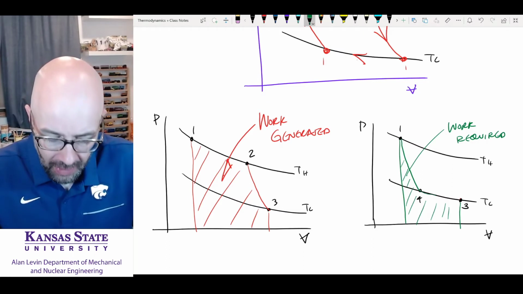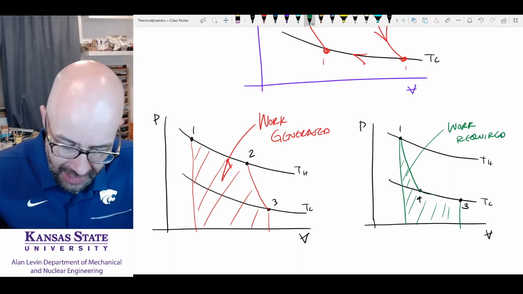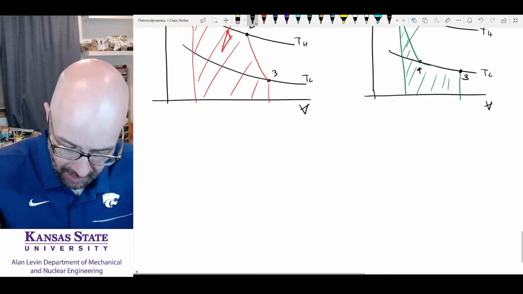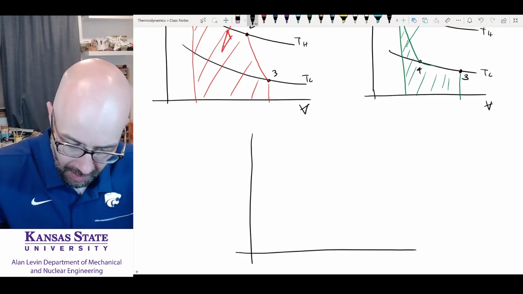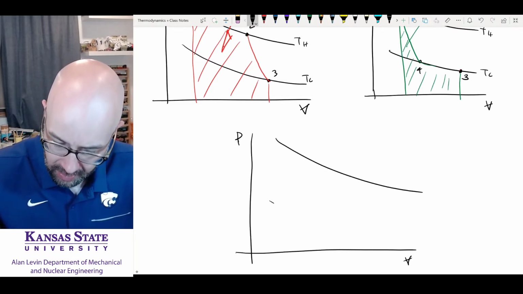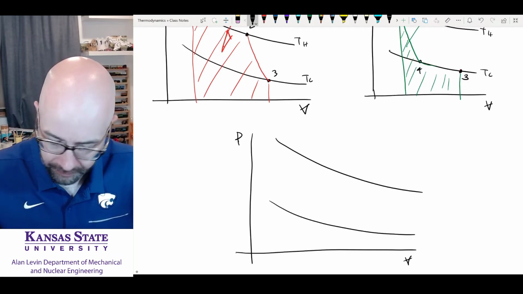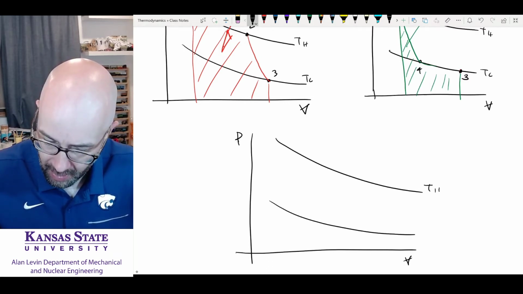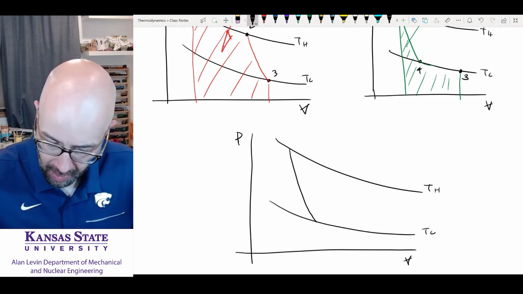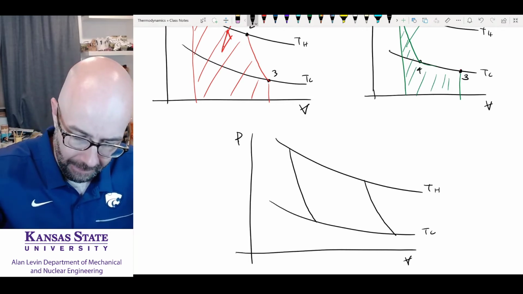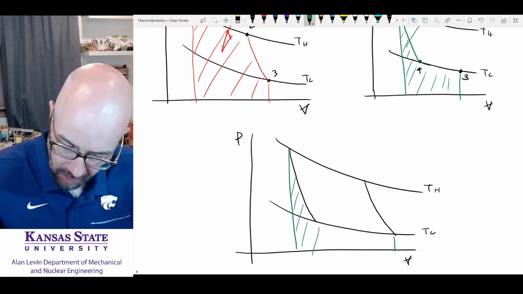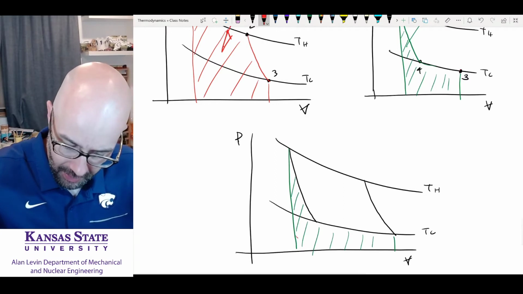Okay? And so if you put those on the same graph, so let's do this now, P, V, temperature hot, temperature cold. You have this green here that we drew, and you have this red here.